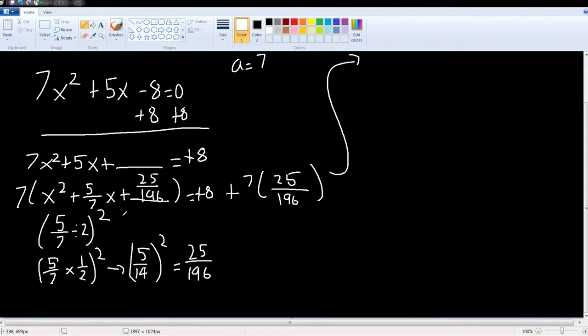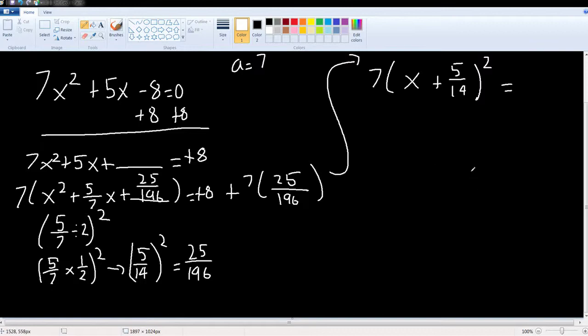So next step is simplifying this. This x squared plus 5 over 7 x plus 25 over 196 just becomes whatever b over 2 is, which is just 5 over 14, squared. This is equal to 8 plus 7 times 25 over 196.